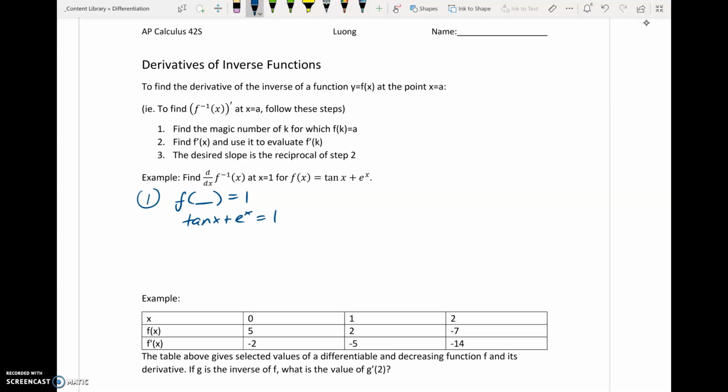So in order to not get a decimal number with e to the something, we need to have e to the 0, which means a potential x value could be 0. Tan of 0 plus e to the 0 will give us 1, because tan of 0 is 0 and e to the 0 is 1. So 0 is the magic number.